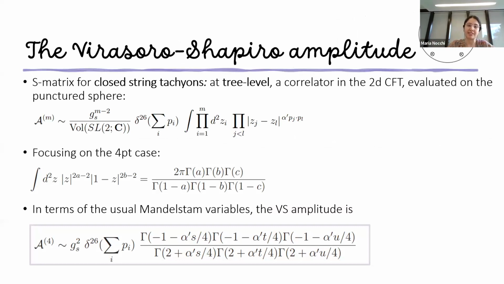At tree level, I said before that the worksheet has the topology of a sphere. So in general, you would have this kind of integrals where this z is the cross ratio on the worksheet. But for 4-point, you have this very nice and compact form, just the ratio of gamma functions. And this is the case for each integral which is symmetric in A and B. Actually, it's much more than that.